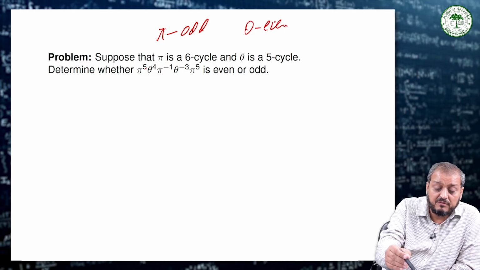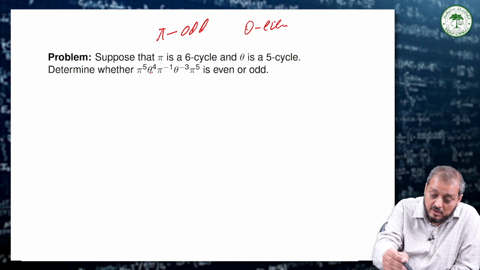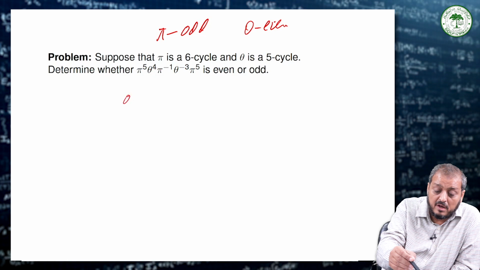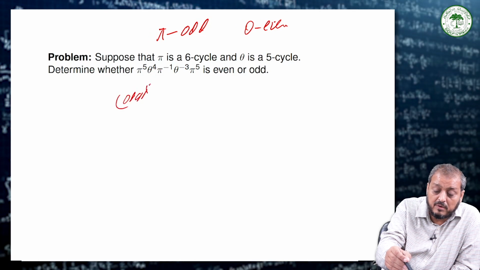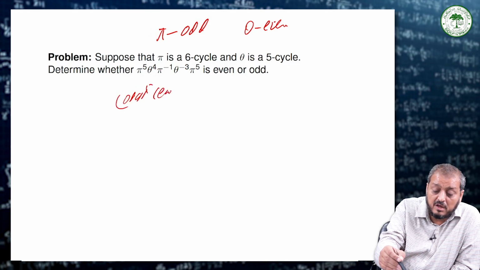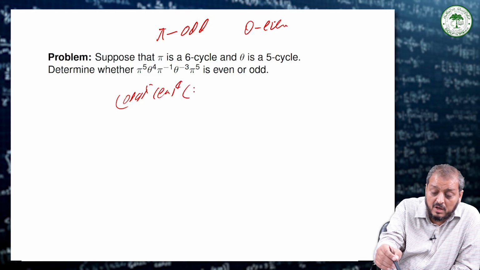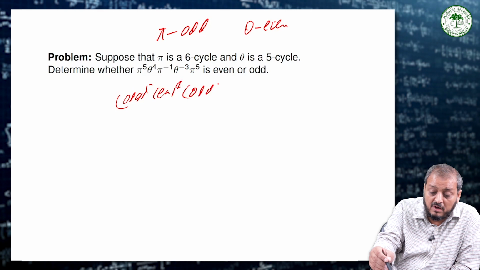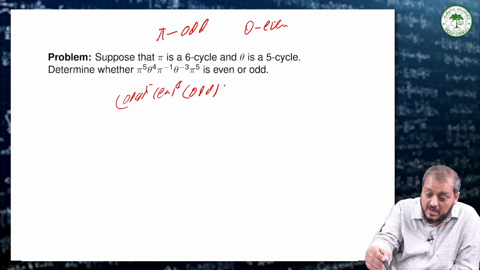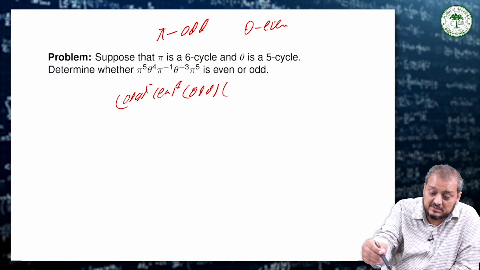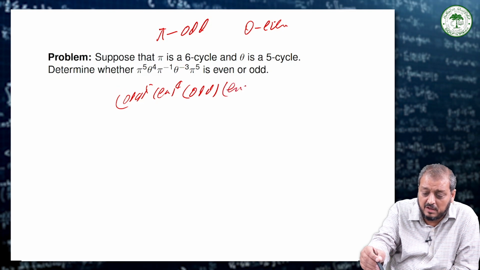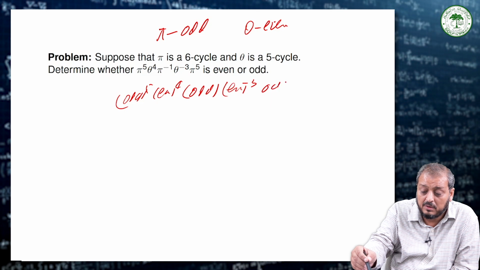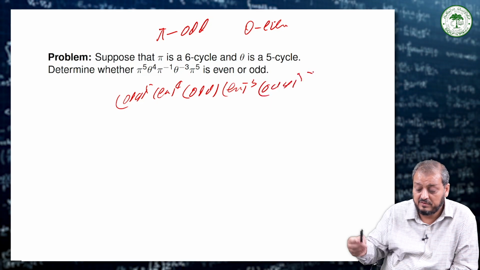Odd to the power 5 is odd, even to the power 4 is even, the inverse of odd is odd, even to the power minus 3 is even, and odd to the power 5 is odd.